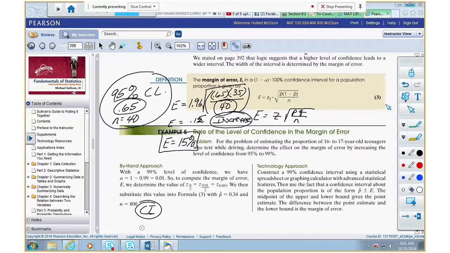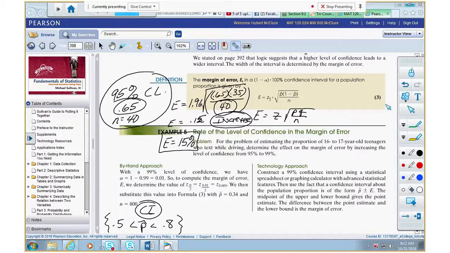It's going to be p hat is between 50% and 80%. So we've got a 95% confidence level that our data and our calculations and our polls and everything that we've done is going to fall between 50 and 80%.